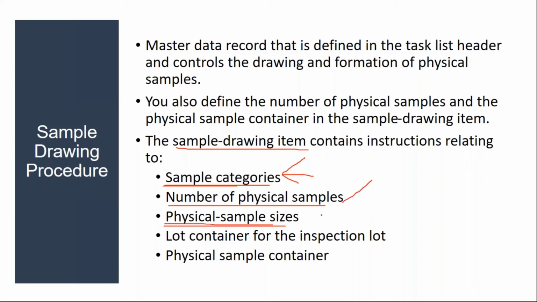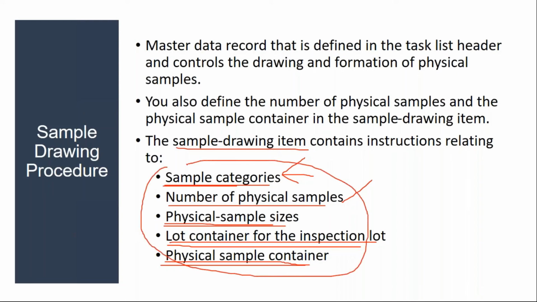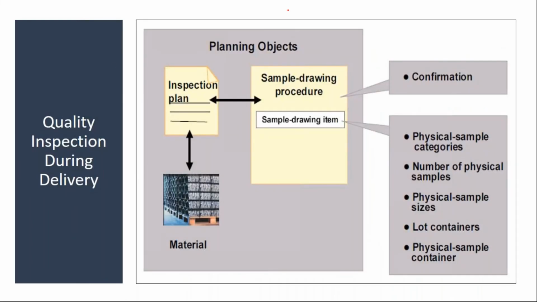Sometimes you have to maintain size, the lot container in which the inspection lot is kept, and the physical sample container. All this information is maintained in the sample drawing procedure.